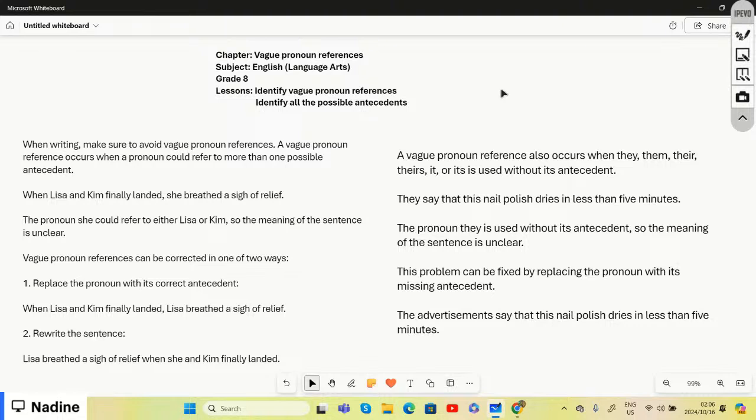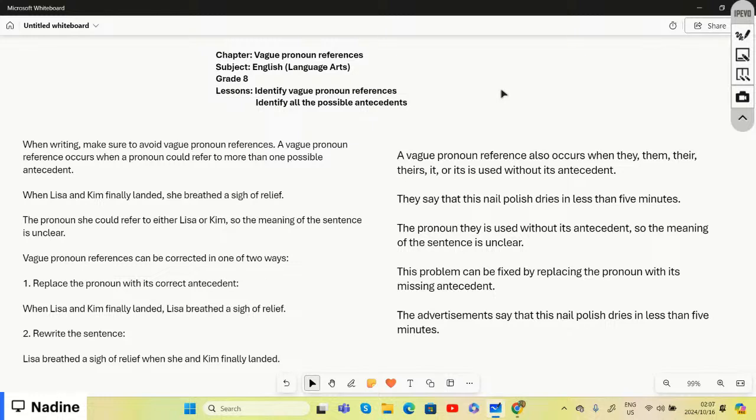A vague pronoun reference occurs when a pronoun could refer to more than one possible antecedent.